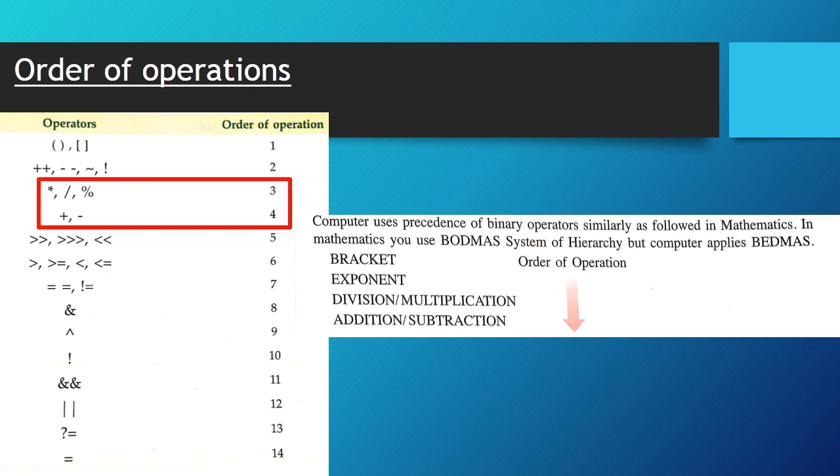Today, since we have dealt with only arithmetical binary operators, which are shown in the box, the precedence of multiplication, division, and modulus comes first, prior to addition and subtraction.